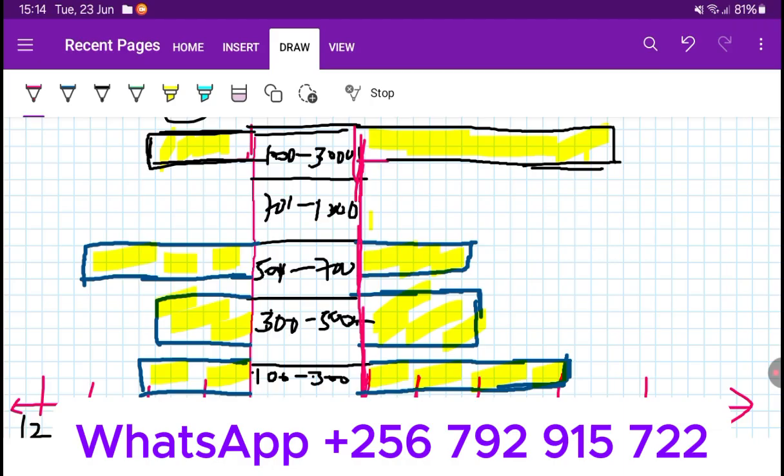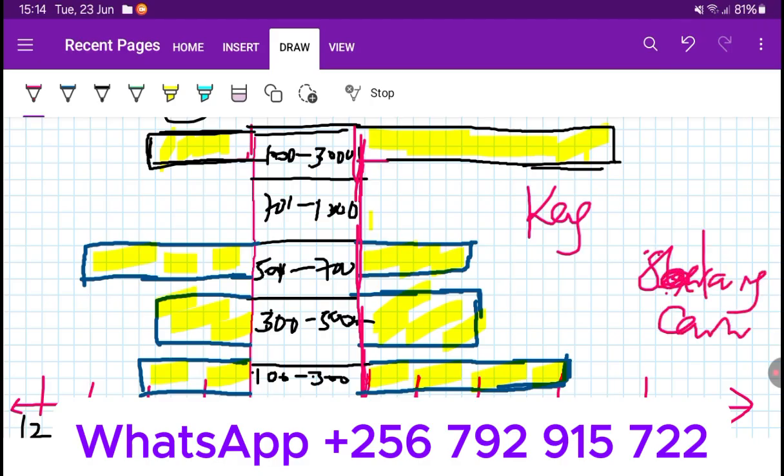I hope you can see how we can represent that data. Then you come to the key, you show that these are salary earnings that are represented by the yellow shading. And we are done.